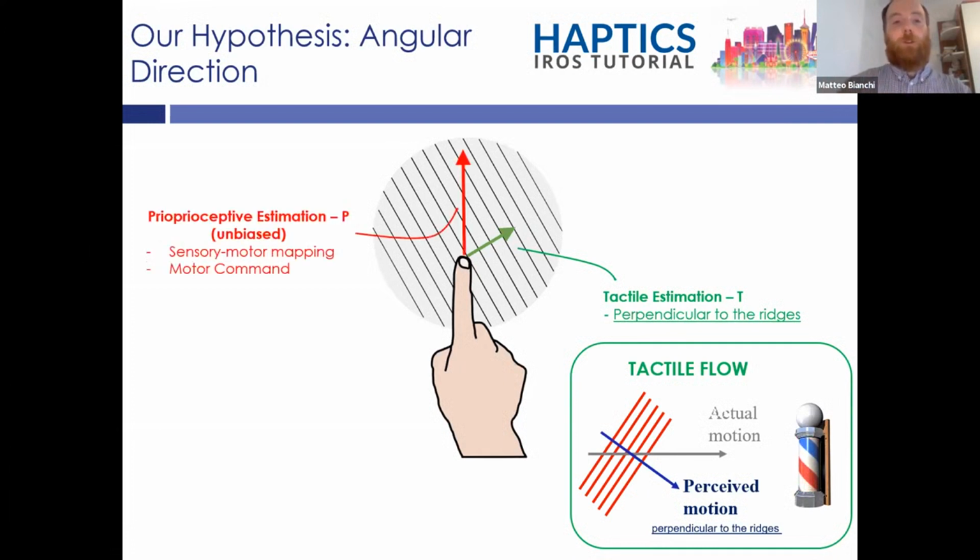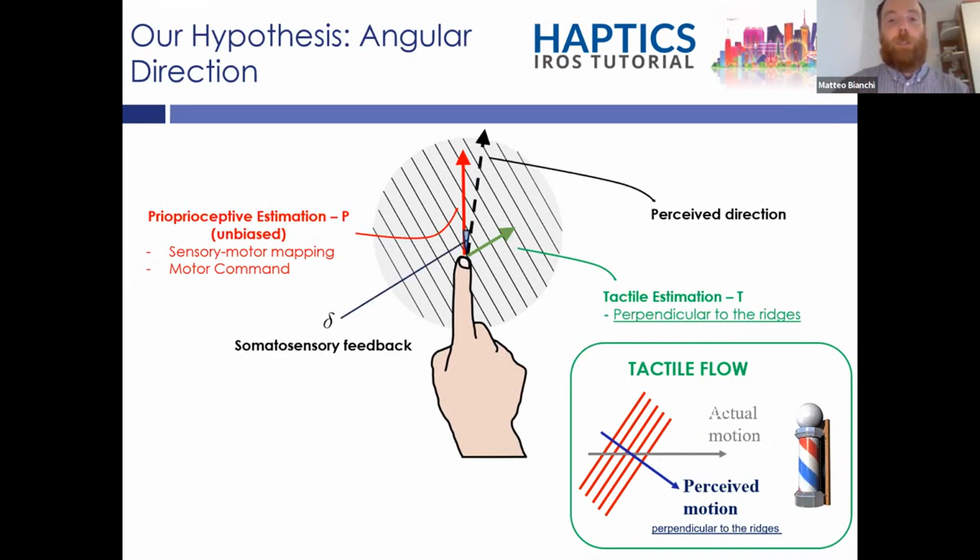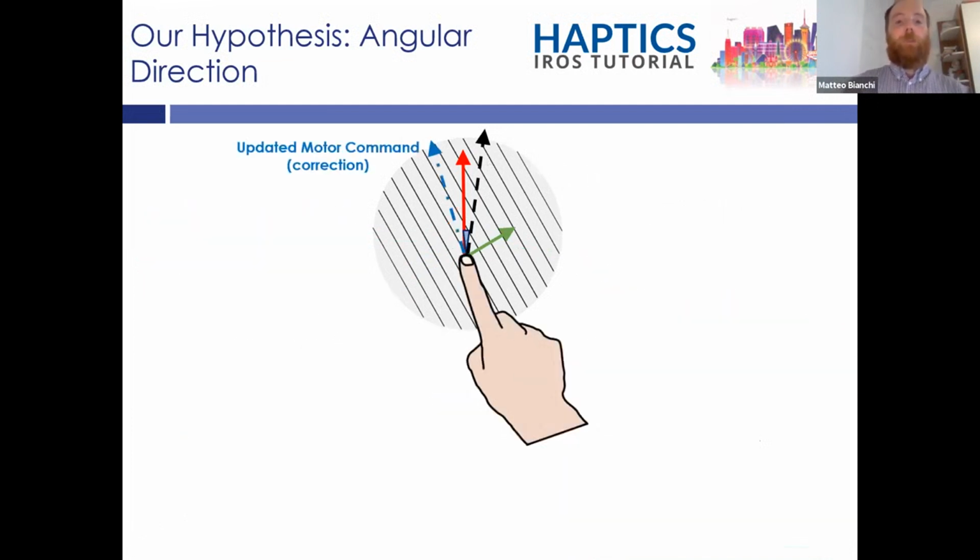But at the same time, we also have the motor command, the proprioceptive estimation, which is unbiased, which tells the user that he or she is going toward the goal, which in this case is in front of the user. So the resultant estimation is a combination of these two estimates that you can see here. And the user has the perception of moving in a direction which is biased according to the orientation of the ridges. For this reason, he or she tries to correct the direction in order to still reach the goal.